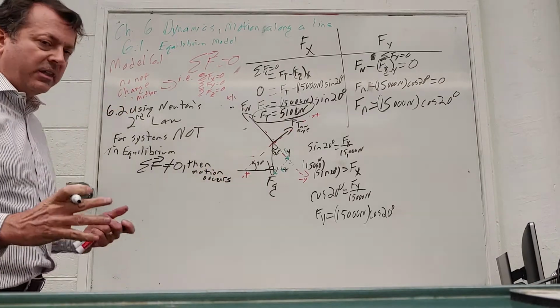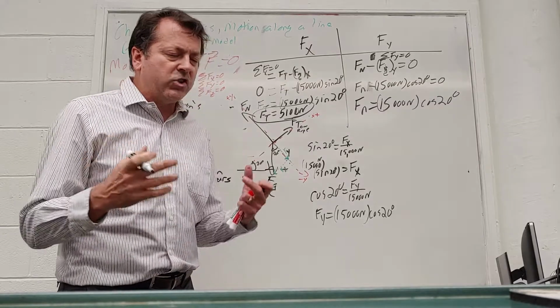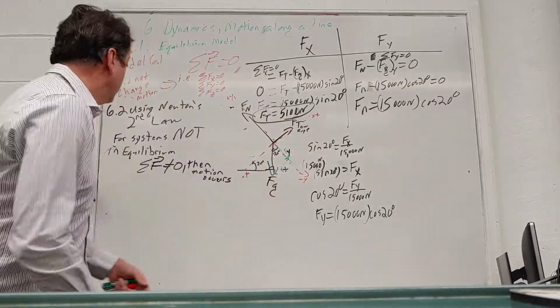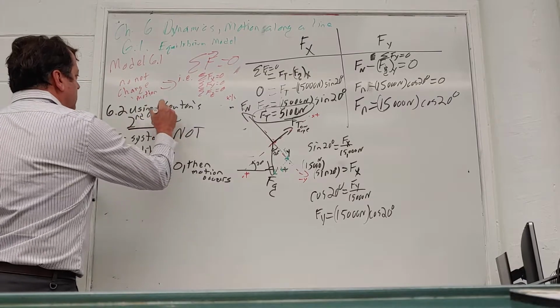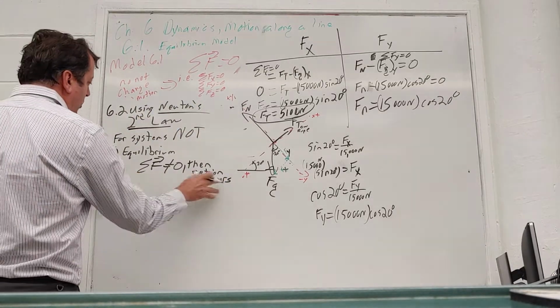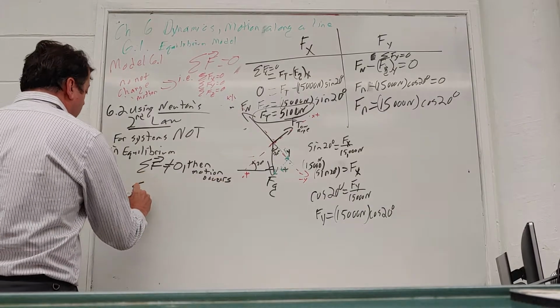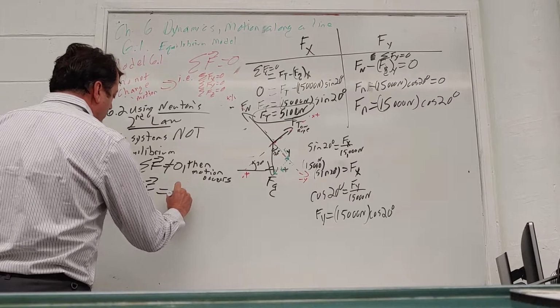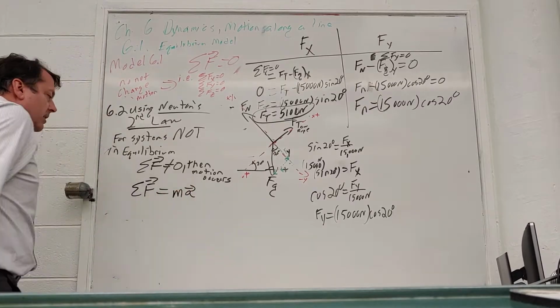And what's the only thing I gave you and that we've studied that relates how forces make things move? Newton's second law. So in this case then, the sum of the forces don't equal 0. The sum of the forces then must equal mass times acceleration.